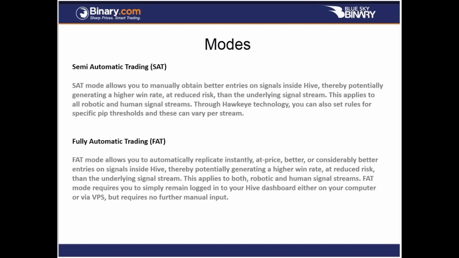So at better or considerably better entries on signals inside Hive, thereby potentially generating a higher win rate at reduced risk than the underlying signal stream. This applies to both robotic and human signal streams. The FAT mode, though, requires you to simply remain logged into your Hive dashboard, either on your computer or via a VPS, but requires no further manual input.